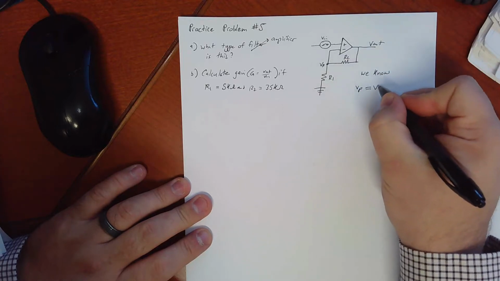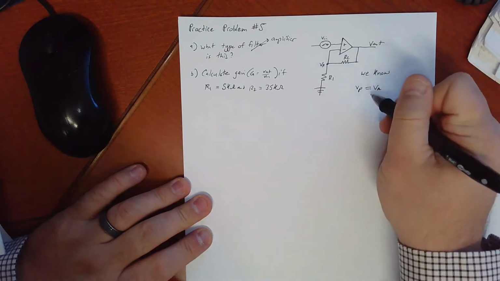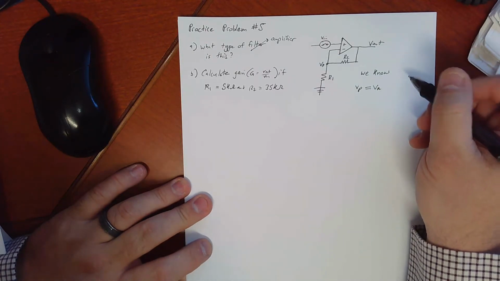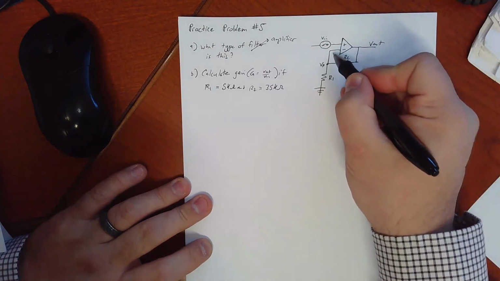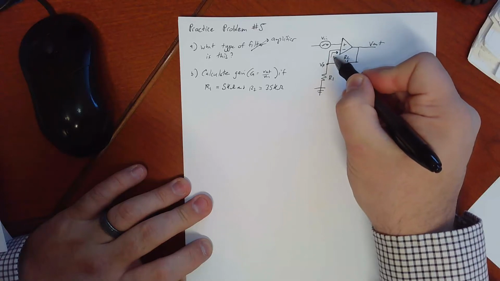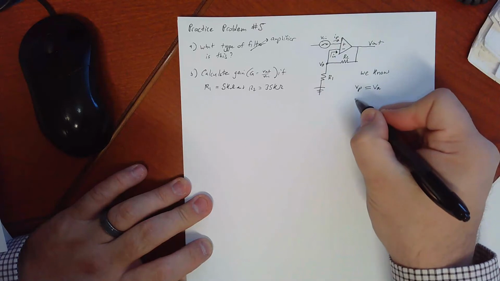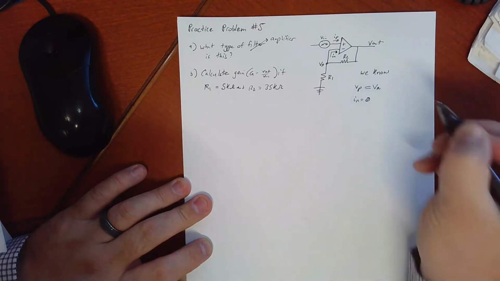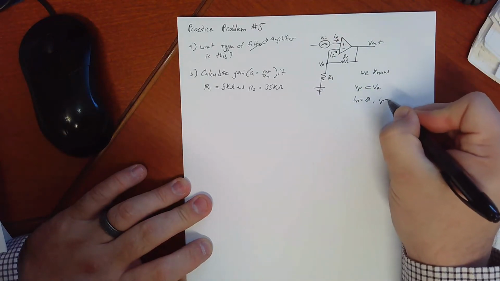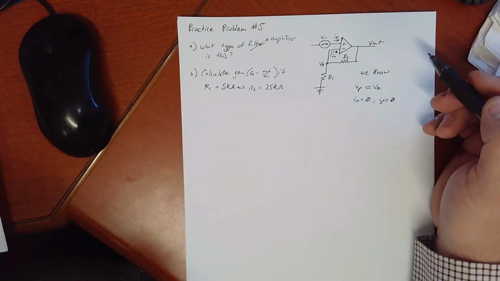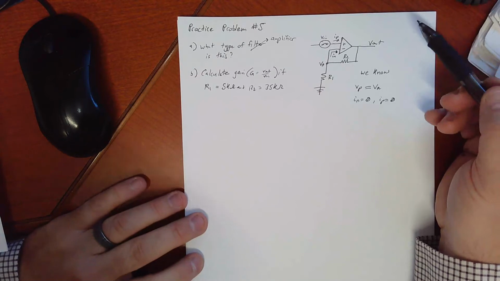So V sub P is equal to V sub N. By definition, this has to be true, so we can use that to our advantage. We also know that the current going into the inverting input, I sub N, is equal to 0 by definition, and I sub P is equal to 0 by definition. So we could take advantage of that. Now, how is this useful?